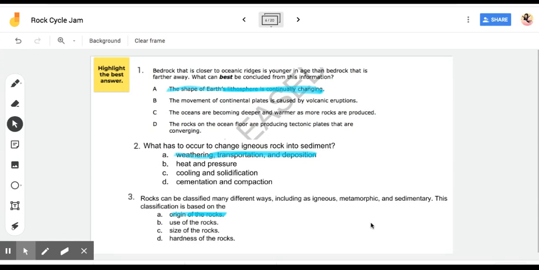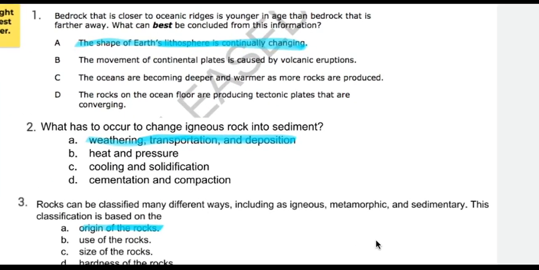These are the answers to the practice questions. I'm going to pause so you can read and review on your own.